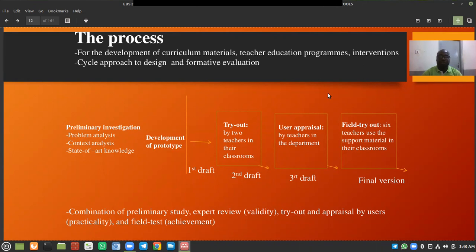In as much as we try to solve a particular problem in teaching an aspect of a course, I believe that having come across face-to-face with a challenge in the classroom, there will be the need for us to conduct what we call a preliminary investigation. In the course of the preliminary investigation, we would do an analysis of the problem. We'll break down the problem into various components for ease of understanding.